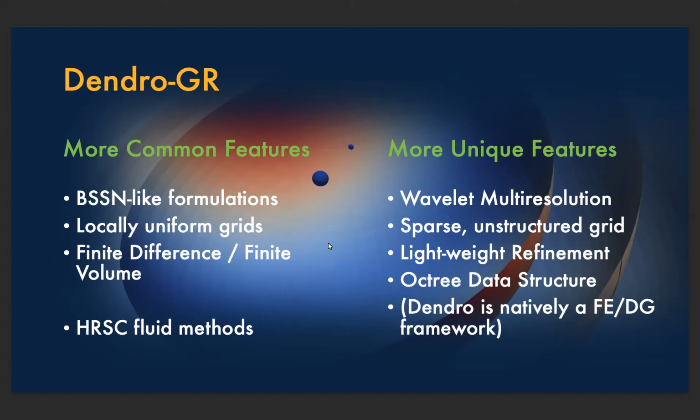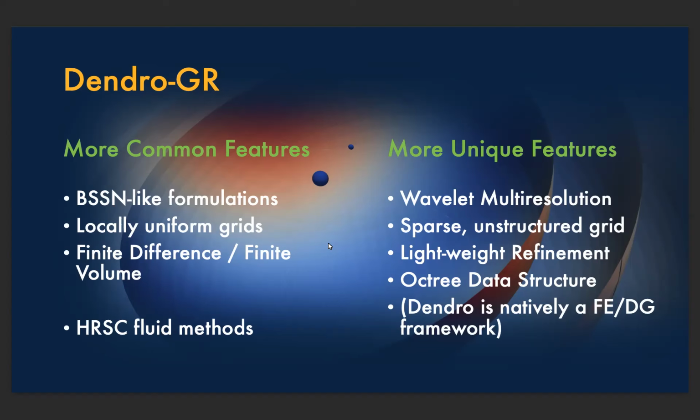Then when we actually do calculations, we are able to exploit a lot of the current ideas and algorithms that we use all over in numerical relativity. So we share a lot of common features with other GR codes when you get down to calculating things. For example, we basically have blocks of uniform grids, and so we can calculate with finite differences. We can solve the Einstein equations in BSSN type formalisms.